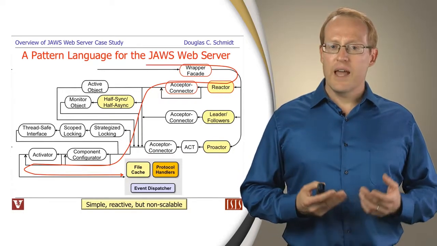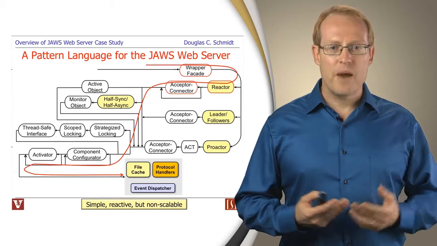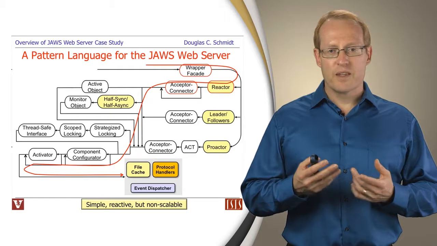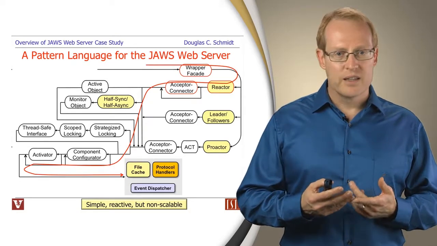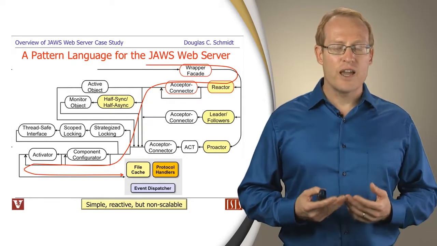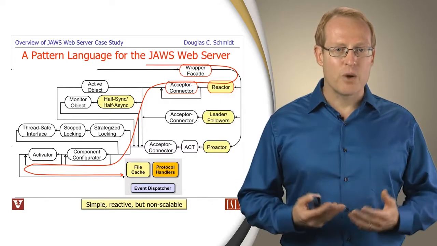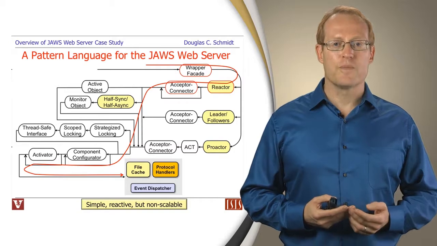And then we apply the acceptor connector pattern to decouple the event arrival from the connection establishment logic, the service initialization logic, and finally the logic of actually processing the various types of HTTP requests that are sent from clients to the server.